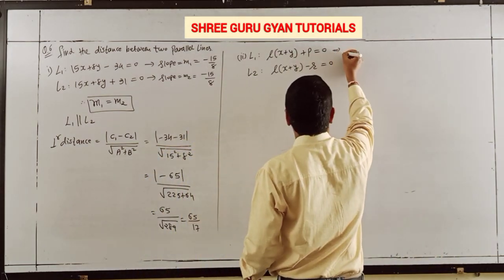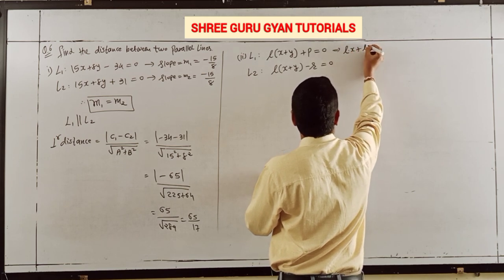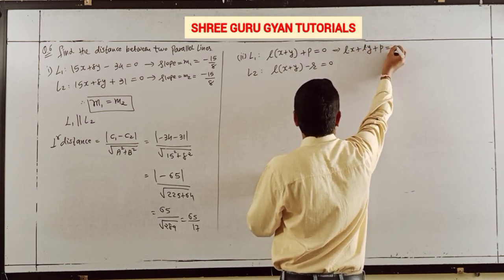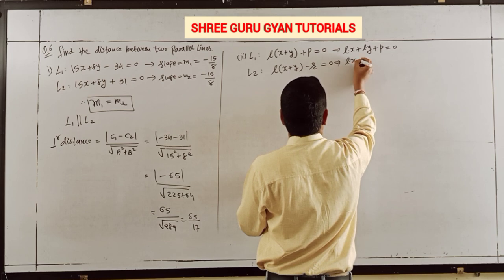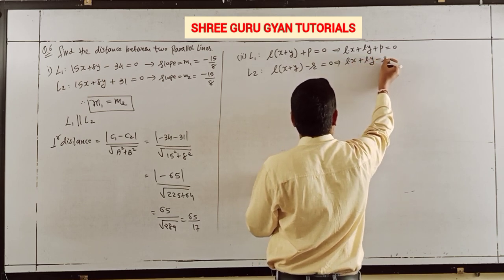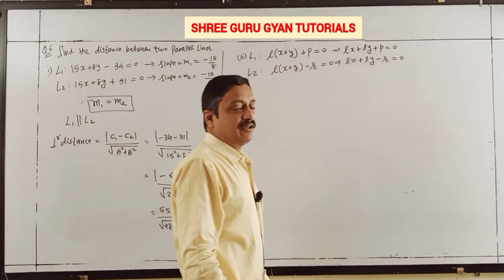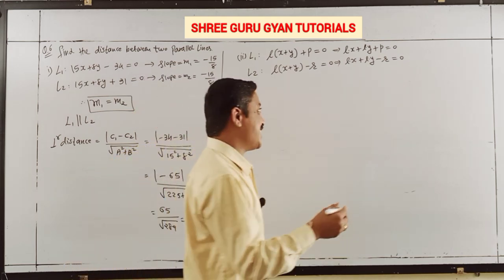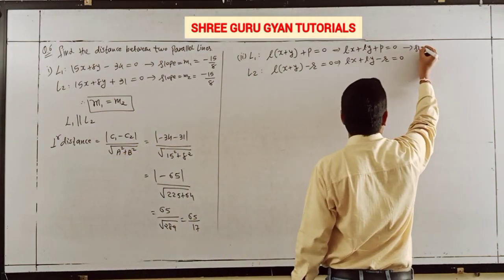So I just rearrange: lx plus ly plus p, lx plus ly minus r. Definitely both slopes are the same.